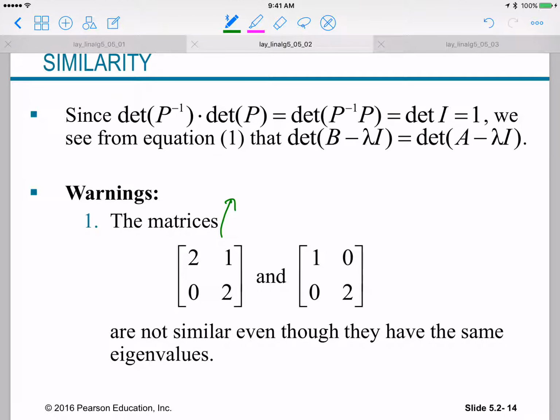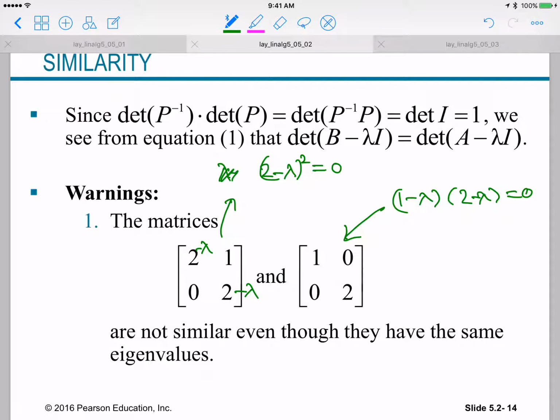In this case, what is the characteristic polynomial? 2 minus lambda times 2 minus lambda, which is 2 minus lambda squared, equals 0. This is the characteristic polynomial. And what about this? 4 minus lambda times 2 minus lambda equals 0, right?